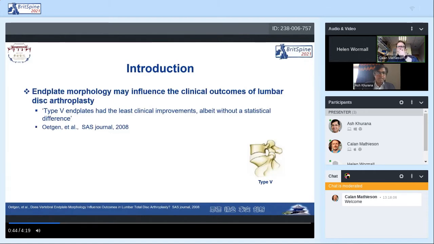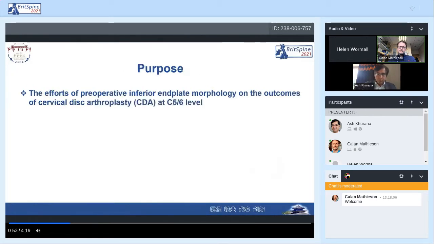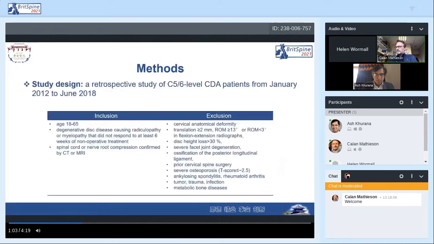It was reported that endplate morphology may influence the clinical outcome of lumbar disc arthroplasty. So, bearing this in mind, we wanted to explore the effect of preoperative inferior endplate morphology on the outcome of CDA. We did a retrospective study of C5-6 level CDA patients.